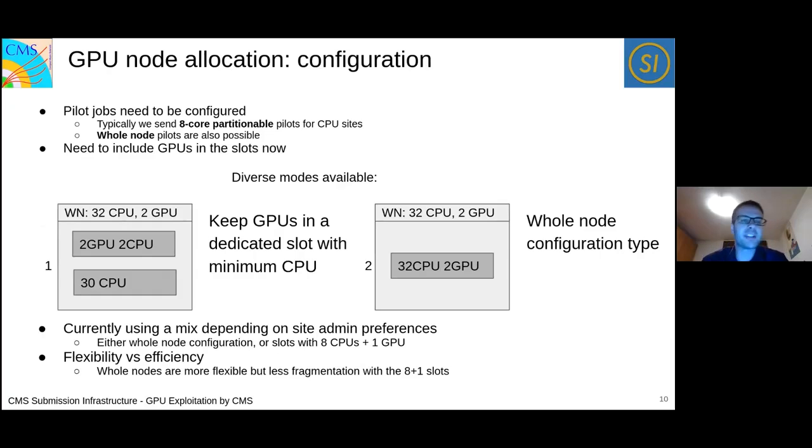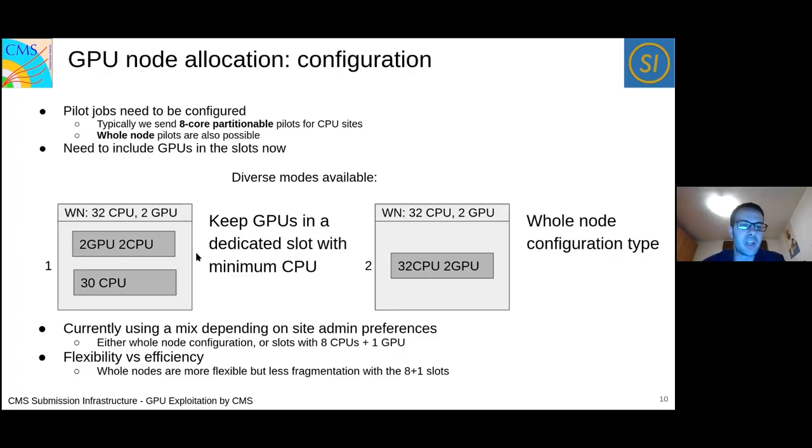The pilot jobs that GlideinWMS sends need to be configured, and typically for CPU workload, we use 8-core partitionable pilots, and it's also possible to use whole node pilots, where a pilot is started on a worker node and grabs all the CPUs and GPUs available on that worker node.